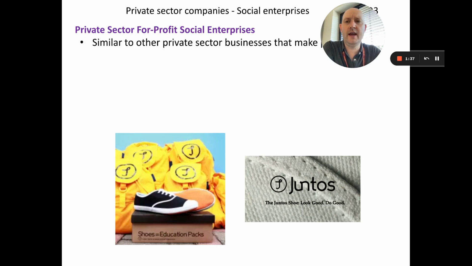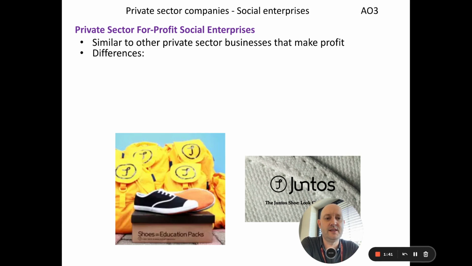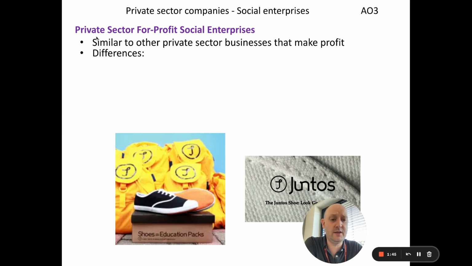So the first type we'll look at are private sector for-profit social enterprises. Long word, but we can break it down. Private sector means that it's not in the public sector, so it's not owned or controlled by the government, so it's owned by entrepreneurs. It's for-profit, so they're still trying to make money, but it's a social enterprise, so benefiting society is still important to them.